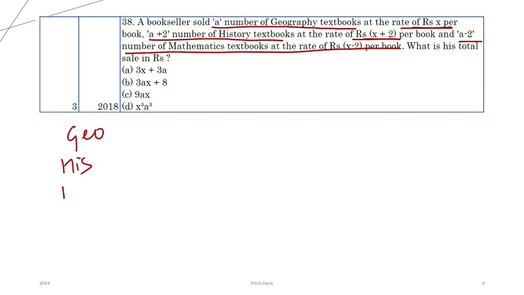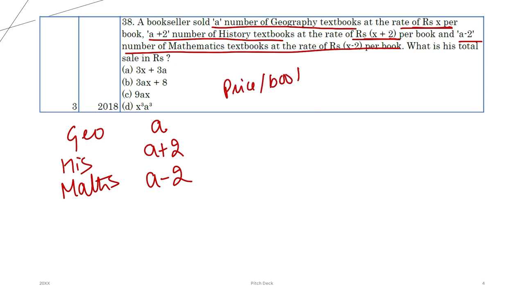So the number of books is A geography, A plus 2 history, and A minus 2 mathematics. What is the price per book? Price per book is X, X plus 2, and X minus 2. So what is the total price? The total price is price per book multiplied by number of books.